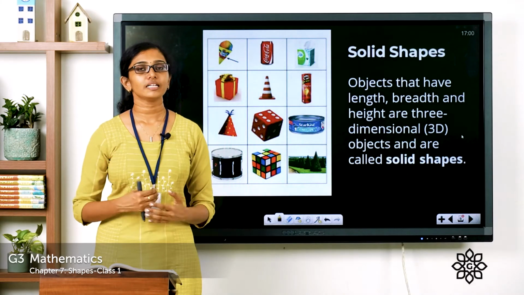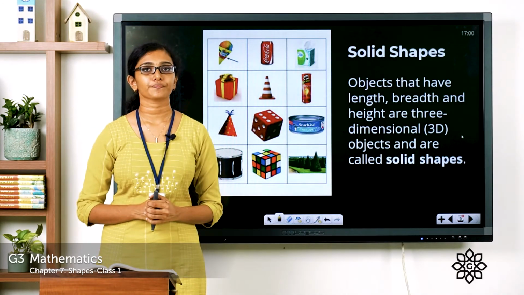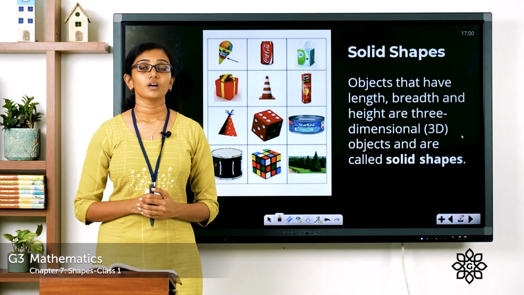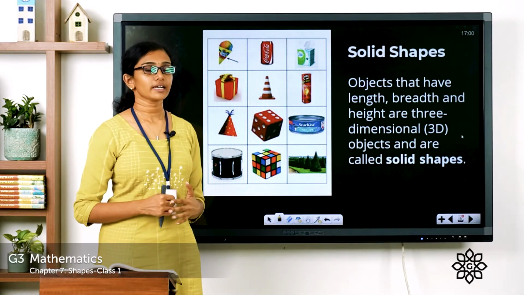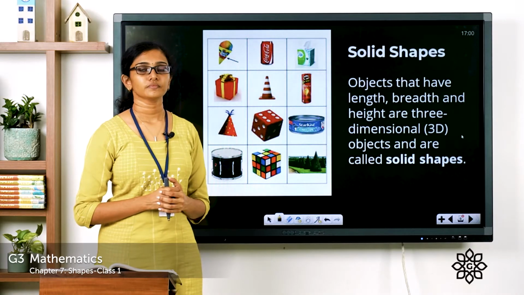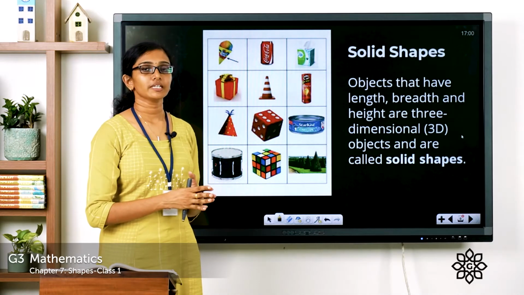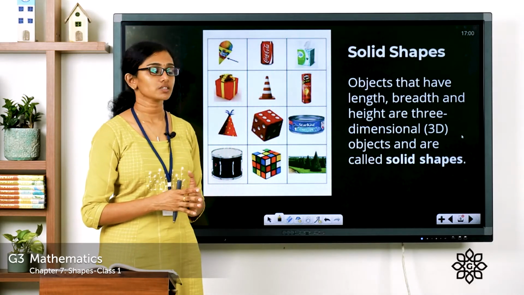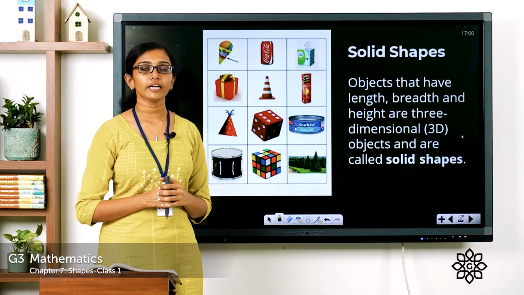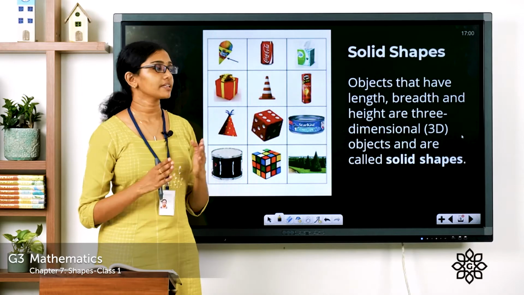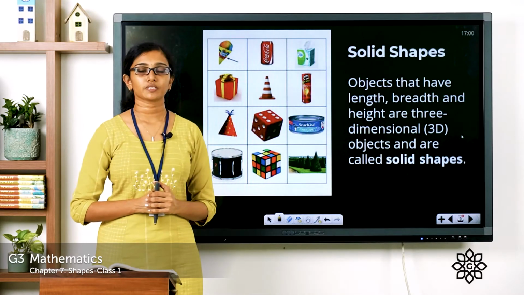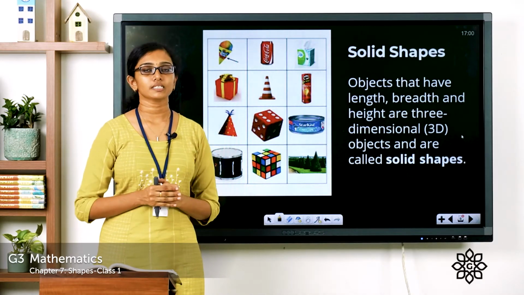Now let's learn about solid shapes. Objects which can be described using three dimensions such as length, breadth and height are 3-dimensional objects or 3D objects, and they are also called solid shapes because they occupy some space.